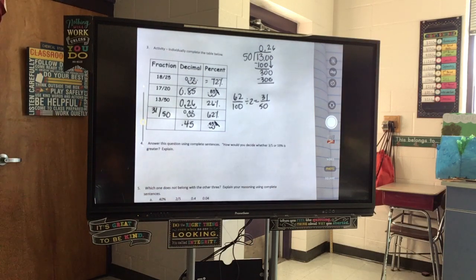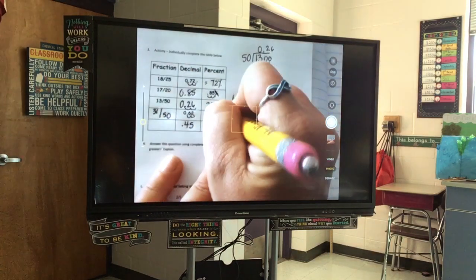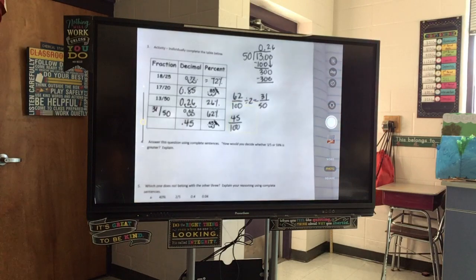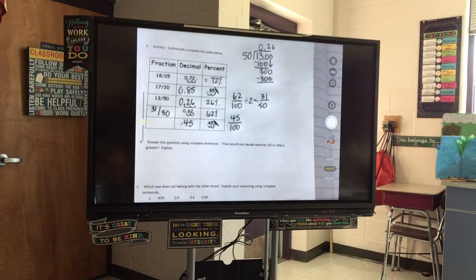Cam, do you know what to put this over if you say .45? You do? Why? Because it falls in what place? Y'all are killing me. The second place value behind your decimal is what place value? Cam? Hundredths.